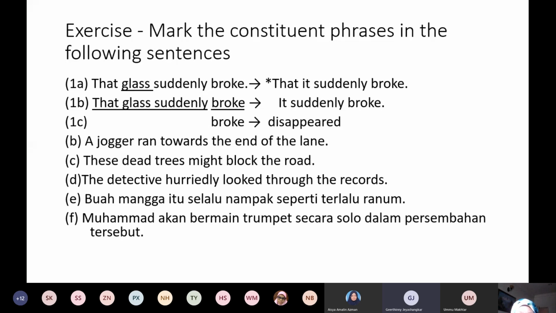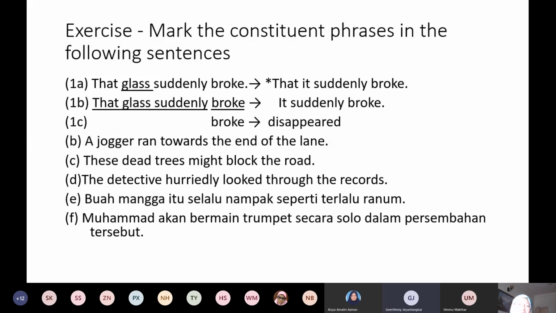What is the verb in that sentence? Nampak. Intuitively you know that the verb is nampak. So nampak is a constituent, a verb constituent, a verb phrase, and then selalu is easy because selalu works with verbs.